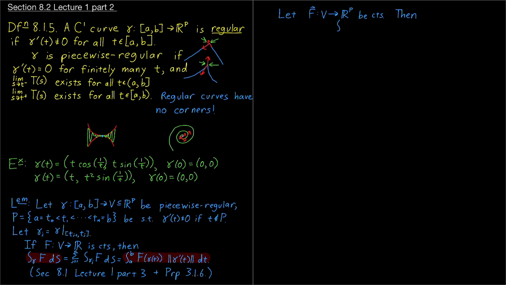But if we look at one of the gamma_j's, then we can at least meaningfully tweak the definition of T, let's call it T_j, just to be the limits.